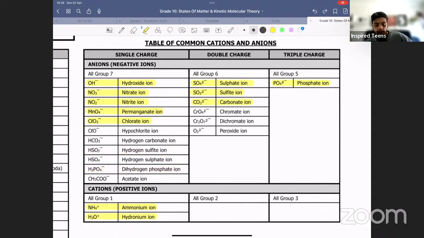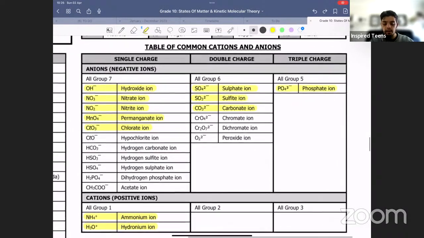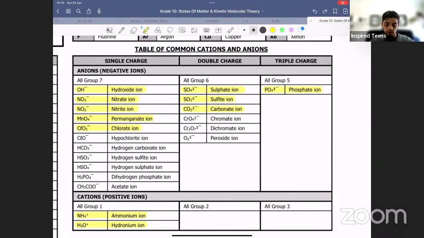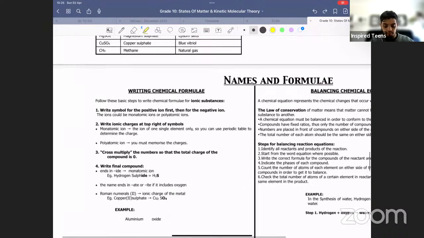So just learn all of them. But I highlighted for you the ones that are extremely common. You're going to see them all the time. The others have an equal chance of coming out in a paper. So yes, table of cations and anions, and you'll see how we'll work with them when we start naming compounds. We'll be working with sulfate ion and sulfite and nitrate and nitrite. We can come back to that when we do.